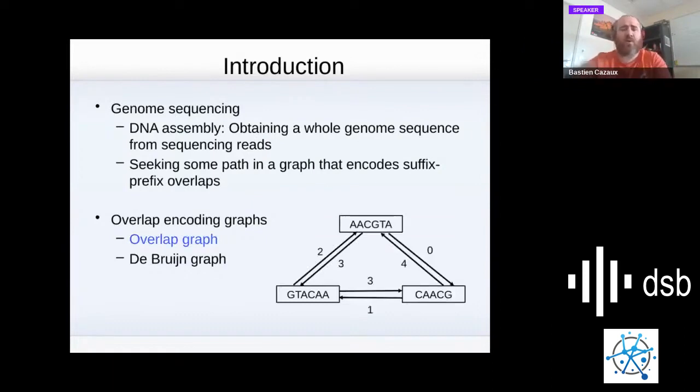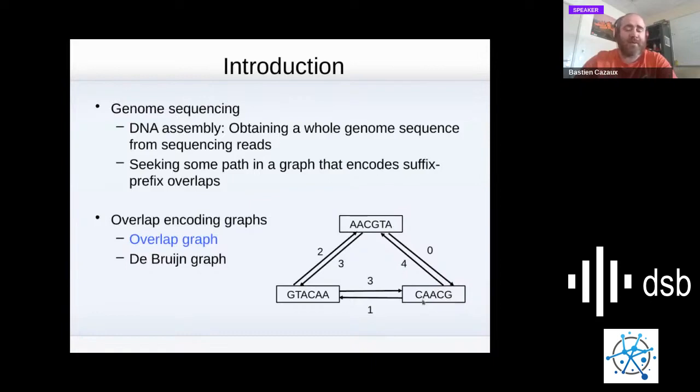An overlap graph is a weighted complete graph where the nodes are the set of words that you have at the beginning, and a weight. I think you see my mouse. A weight, for example here 4 between U and V, corresponds to the longest overlap.